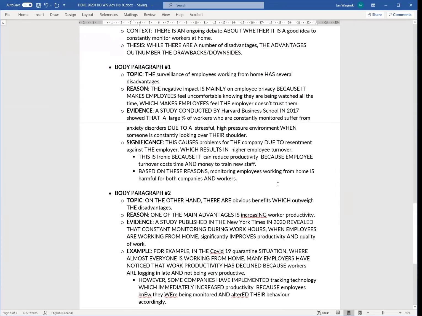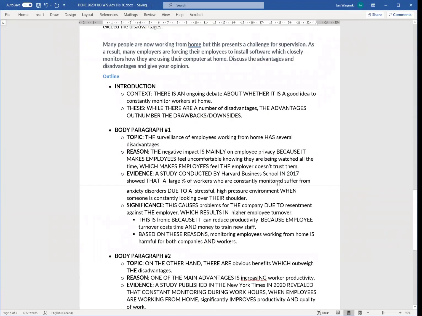I've got a question in the first body paragraph. In the evidence, a study conducted by Harvard Business School in 2017 showed that a large percentage of workers who are constantly monitored suffer from anxiety disorder.